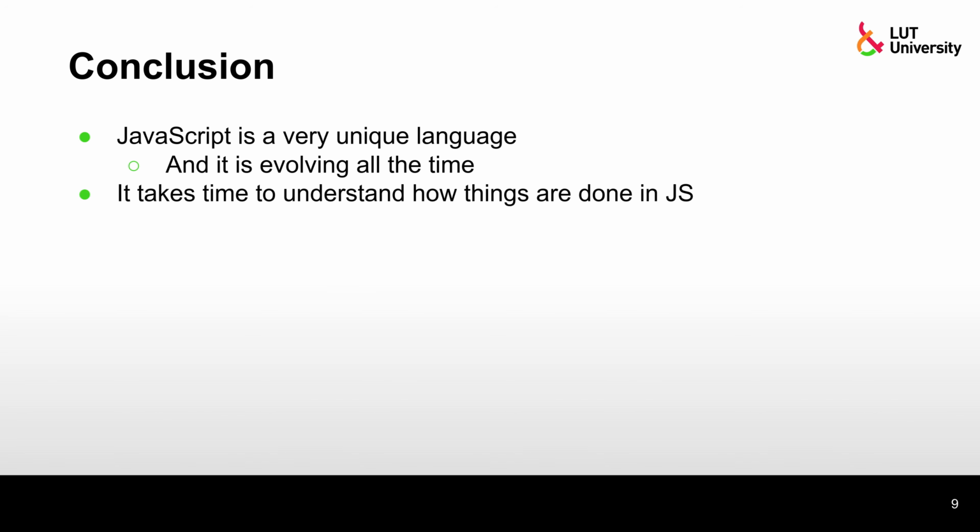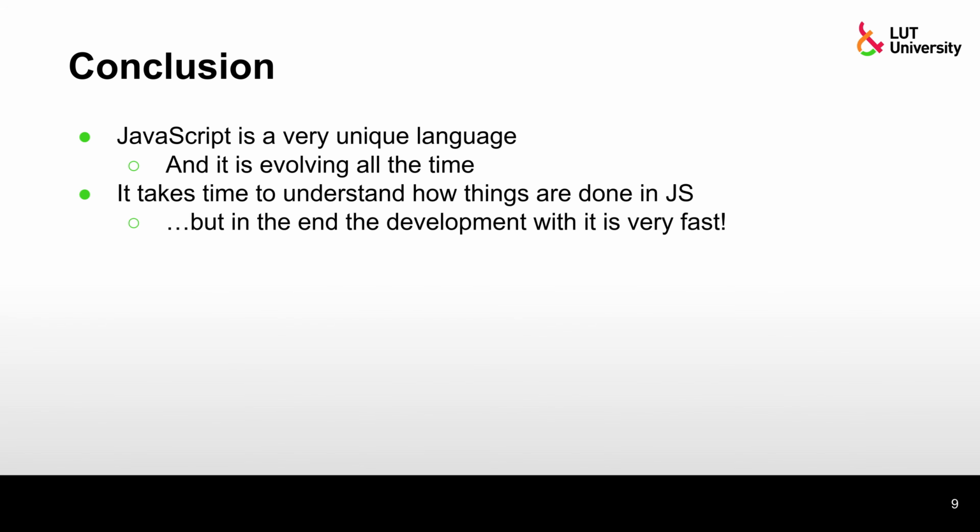And it really takes time to understand how things are done in JavaScript because they are so different from, for example, Java. But in the end, the development with it is very fast. So these features we were seeing, they shorten your code, they let you iterate different data structures fast, and let you do things quickly.